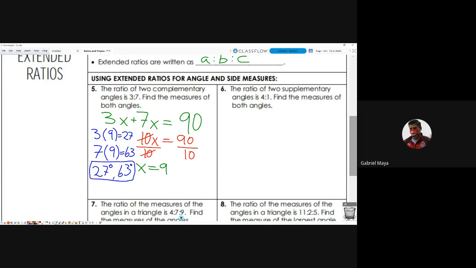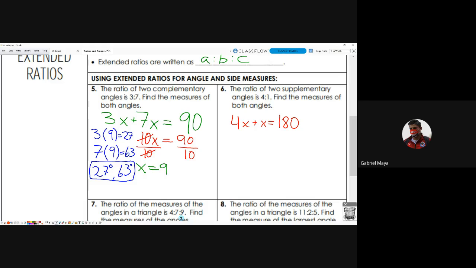Let's start off with red. The ratio of two supplementary angles is 4 to 1. Find the measure of both angles. So that would mean 4x plus 1x, or just x, equals what number? Well, if they're supplementary, then they're 180.